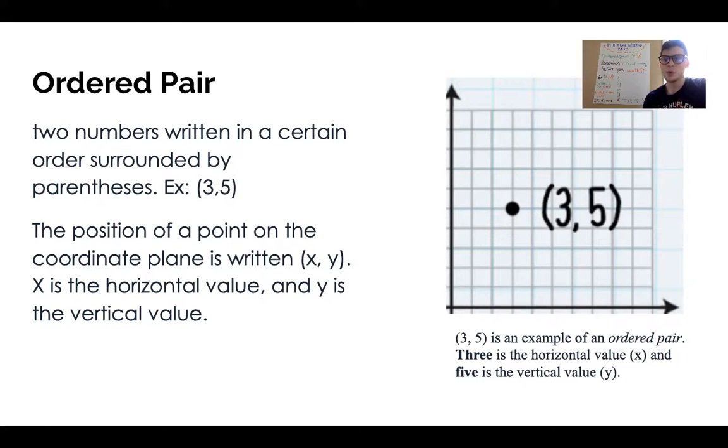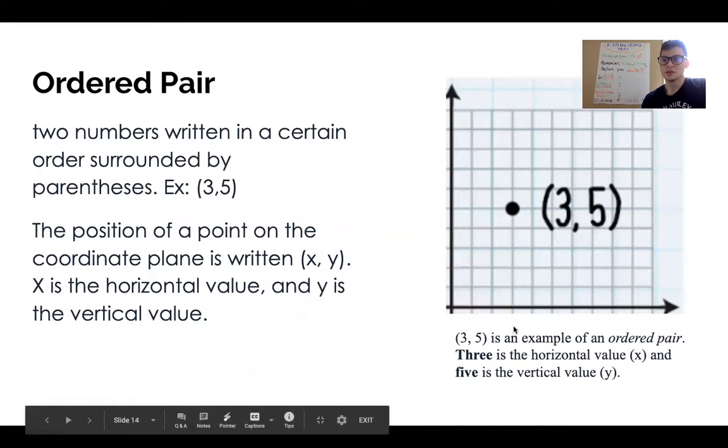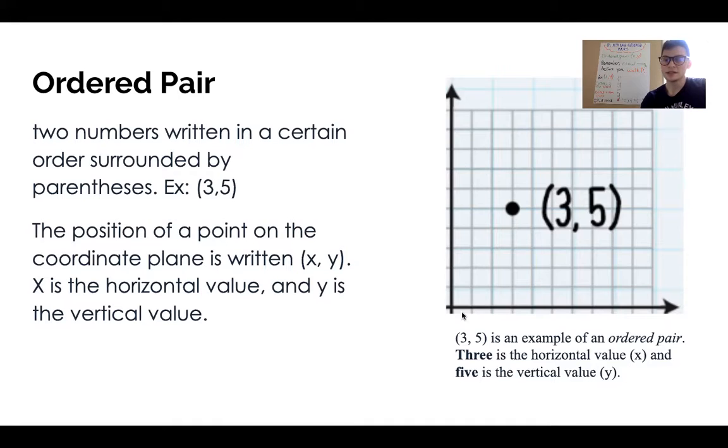The position of a point on the coordinate plane is written (x, y). X is the horizontal value, side to side, my x-axis, and y is the vertical value, north and south. Here you have an image of a coordinate system that you guys constructed last week, remembering that your vertical axis is your y-axis, and your horizontal axis is your x-axis.